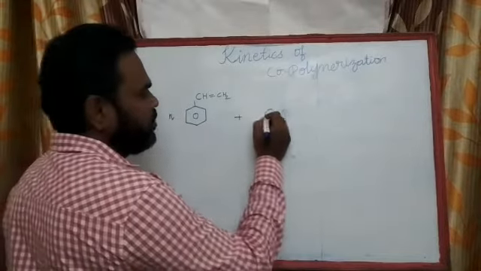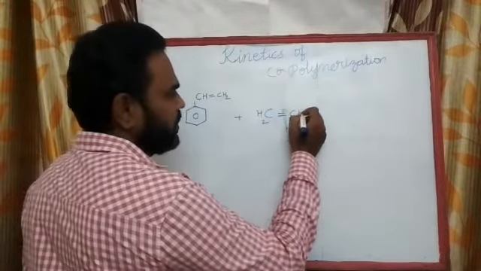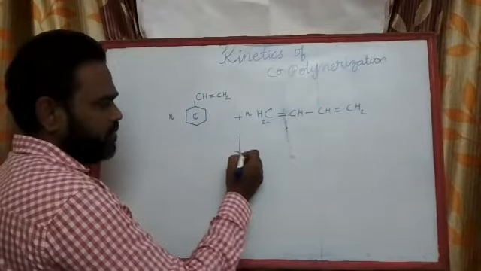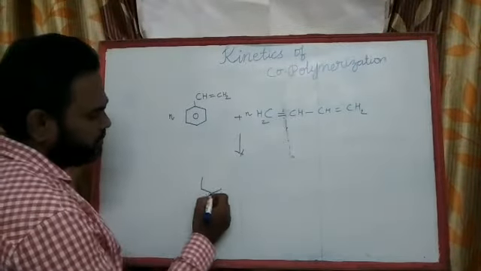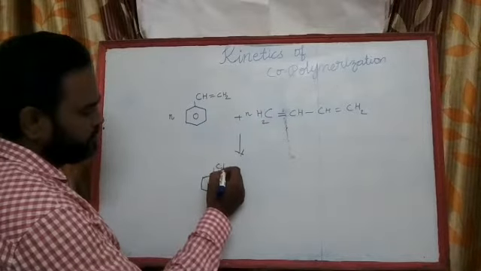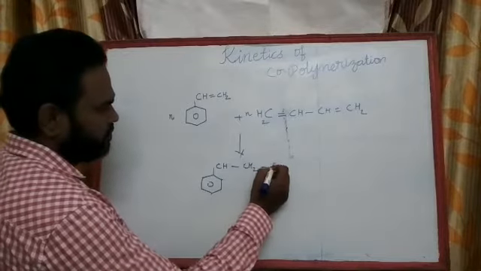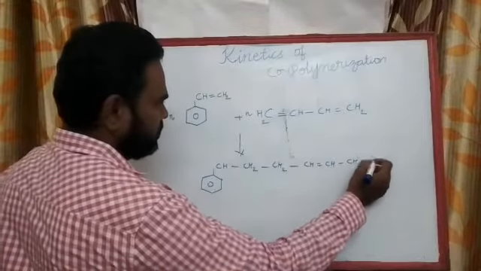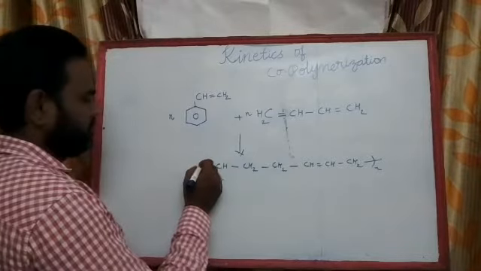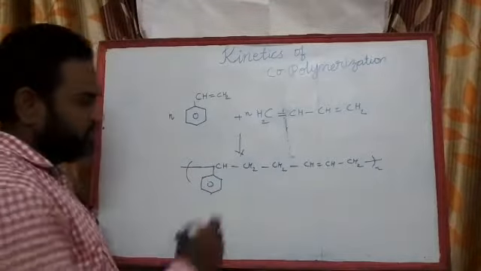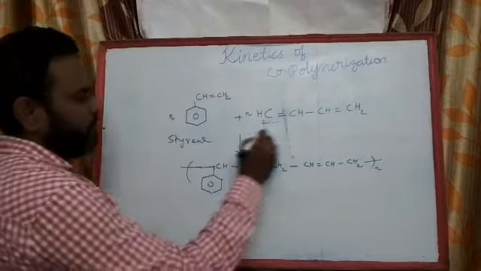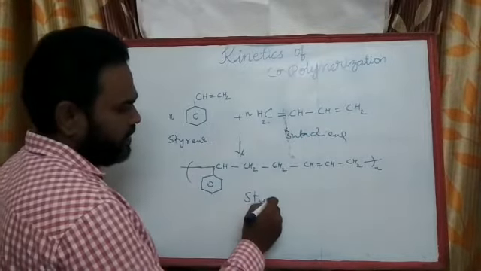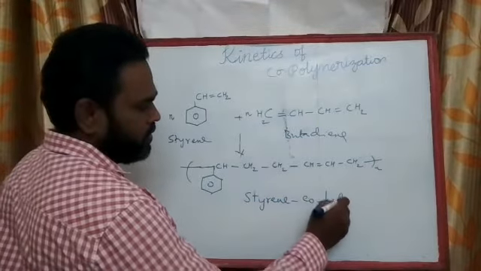When it reacts with butadiene, CH2 double bond CH, CH double bond CH2, and a number of these monomers, you will get styrene co-butadiene.